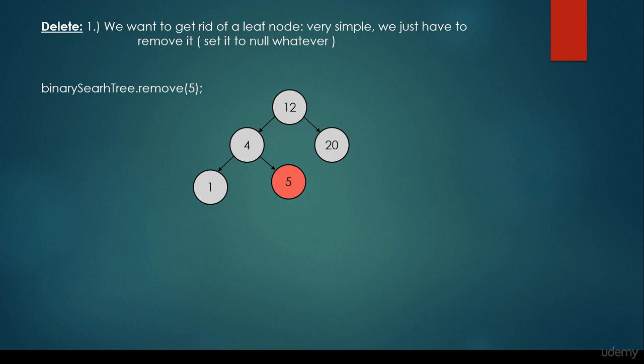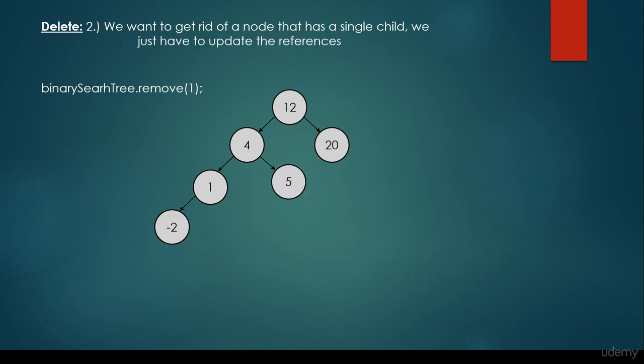We have to notify the parent of this 5, which is the 4, that its right child has been updated, and we have to set it to null because we have removed it. Okay, it's going to be a matter of implementation, but because of this fact, the implementation is going to be a bit more complex.